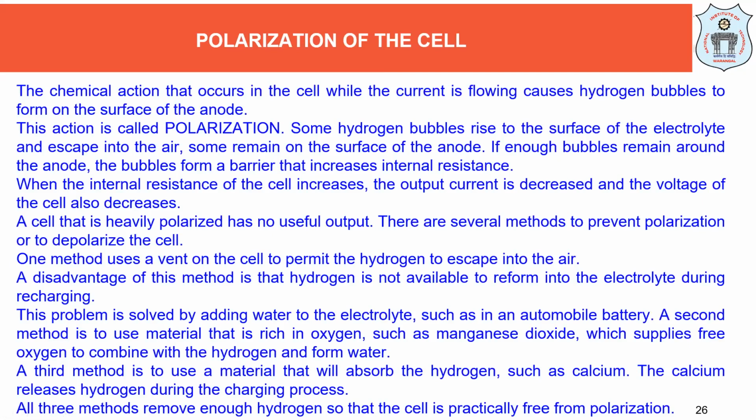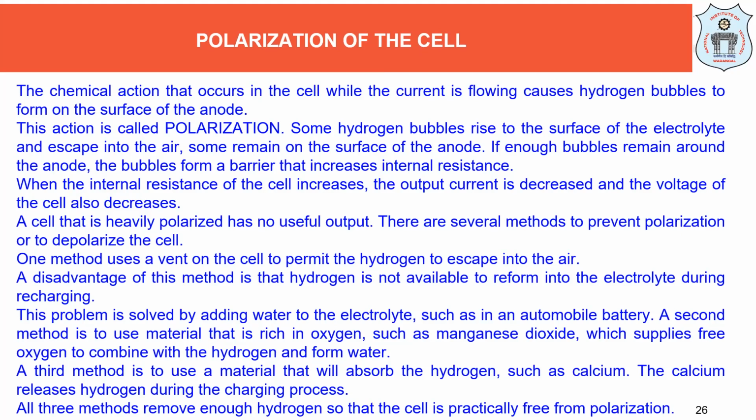So what is polarization? We discussed it in detail during the fuel cell course also. If you remember, the chemical action that occurs in the cell while the current is flowing causes hydrogen bubbles to form on the surface of the anode, and this action is called polarization. Some of the hydrogen bubbles will rise to the surface of the electrolyte and escape into the air. Some of them will remain on the surface of the anode.